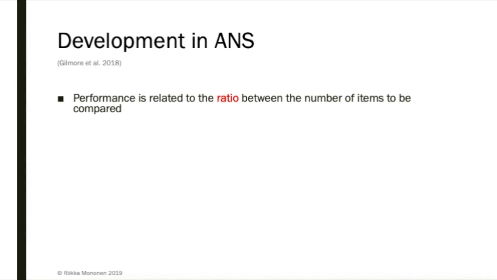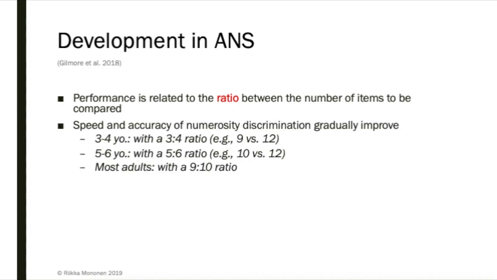Around the age of 3 to 4, with a ratio of 3 to 4, such as accurately and fast discriminating that 12 dots is more than 9. Most adults can discriminate numerosities with a ratio of 9 to 10. So, the speed and accuracy of numerosity discrimination gradually improves as the child gets older.